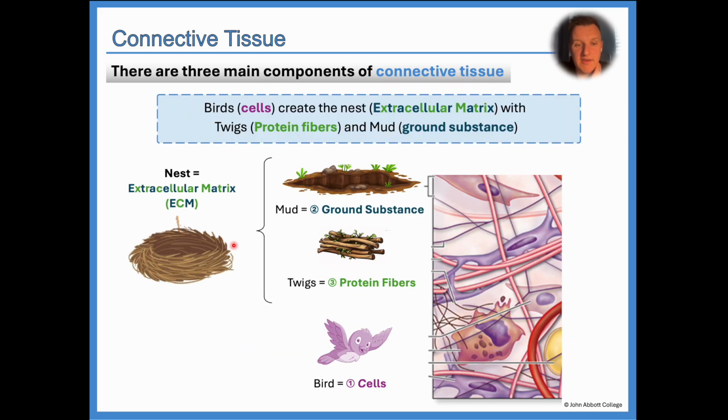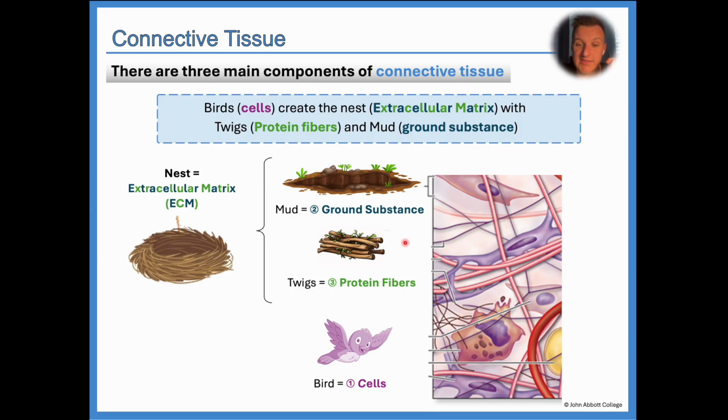So over here, your little nest that is made by the bird is made up of ground substance and protein fibers. If the bird puts more twigs, this nest is going to be prickly and not comfy, and it'll look like a different nest.